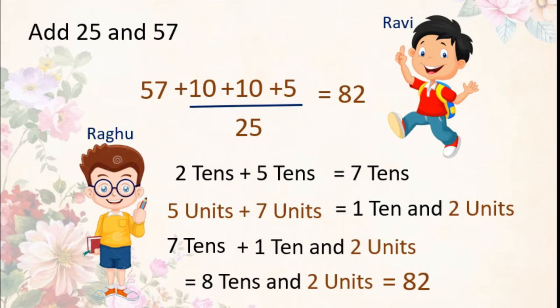Whichever you like, you can use. The answer will remain the same. Remember, you have to do the calculation properly. These two students, Ravi and Raghu, helped us a lot in doing this sum. Thank you, students.